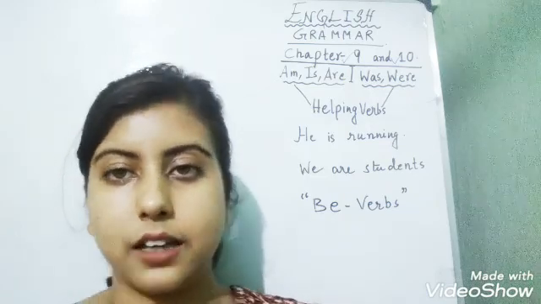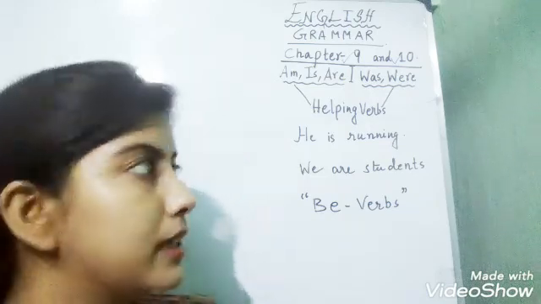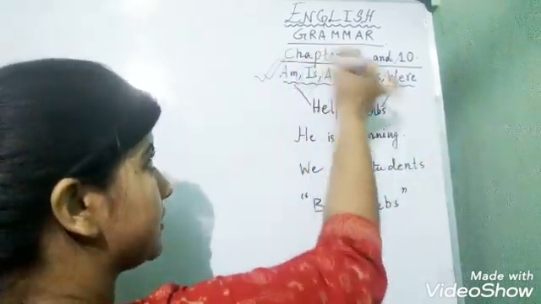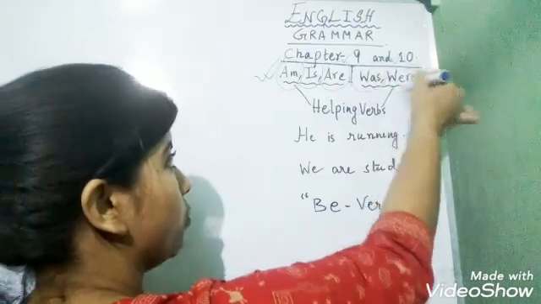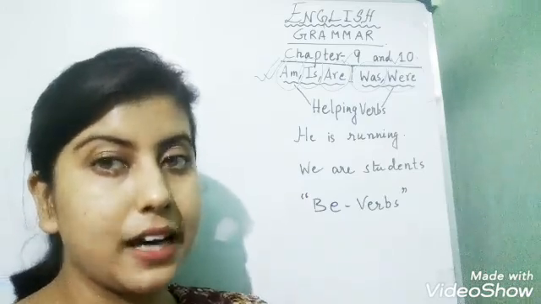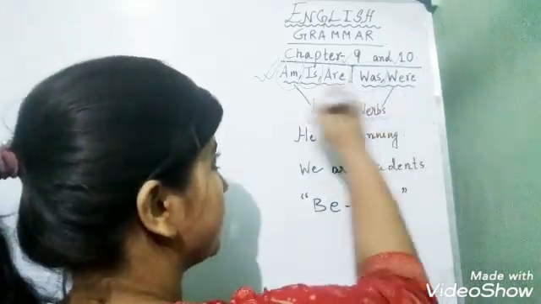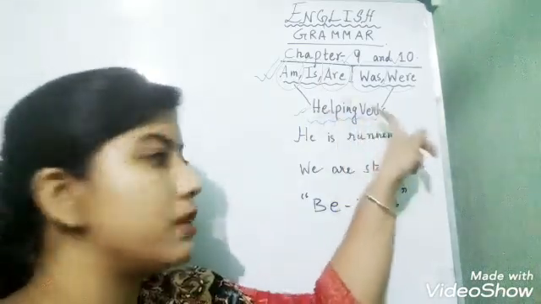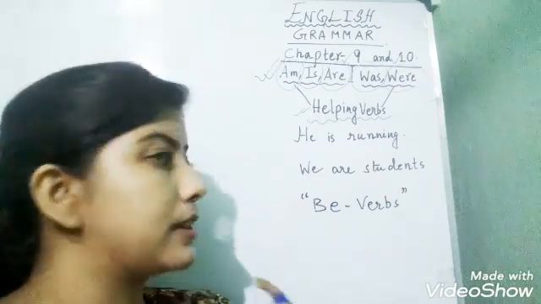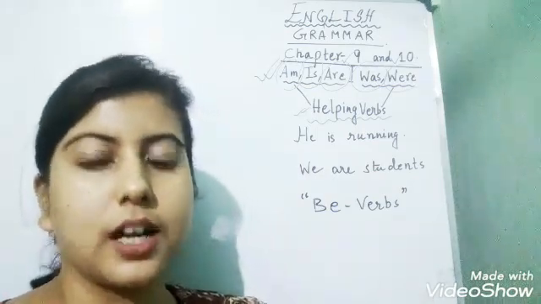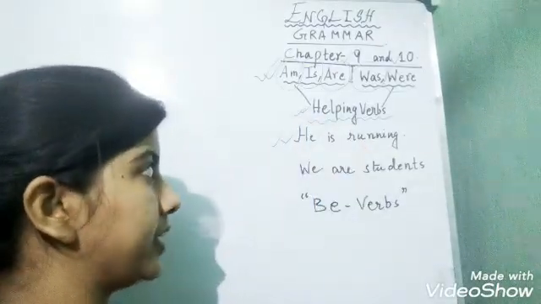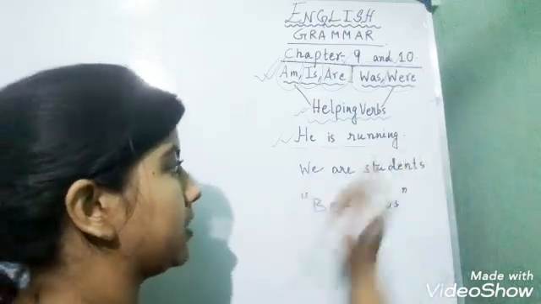The first thing that you should know is that these are verbs: am, is, are, was, were. They are all verbs, but they are helping verbs. They can be used alone or alongside another verb. Like here, I have written, he is running.